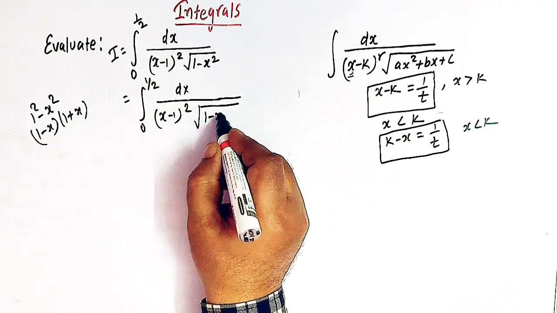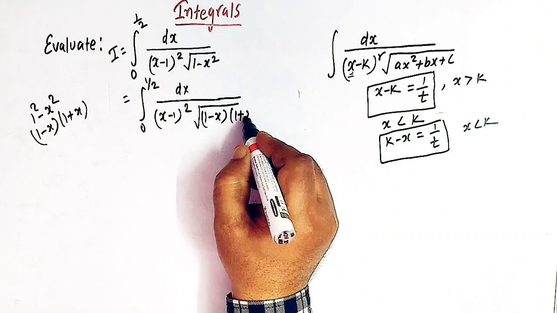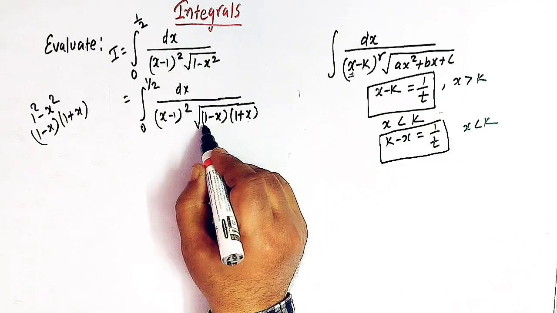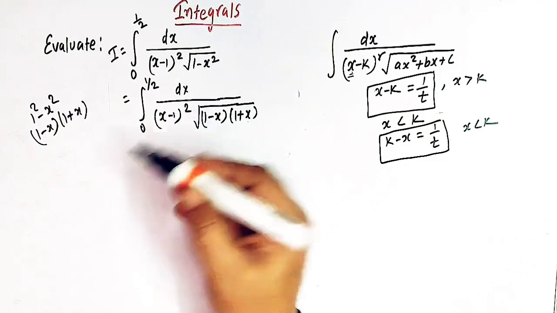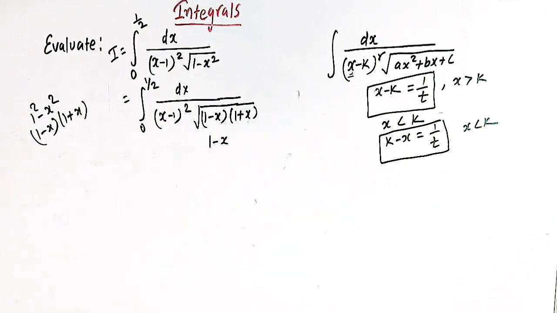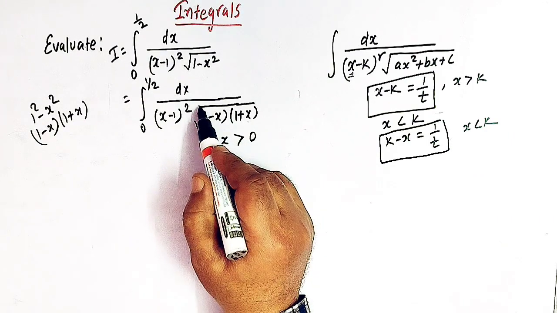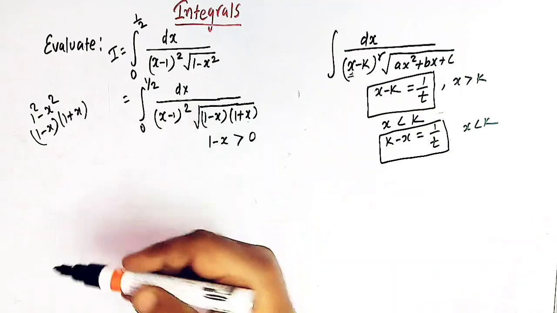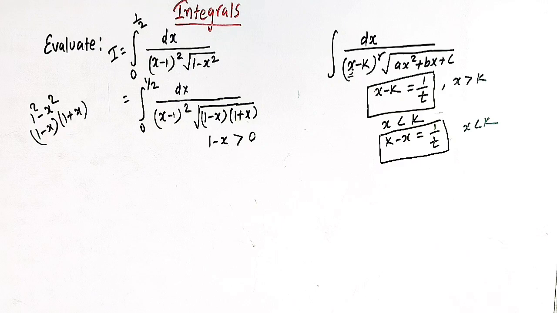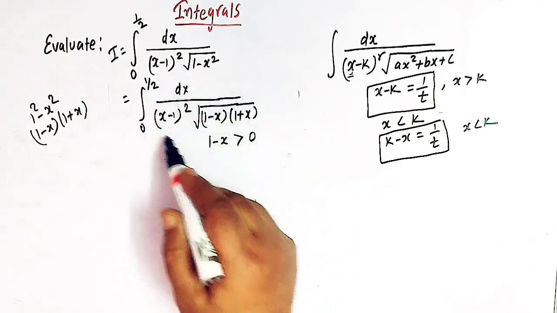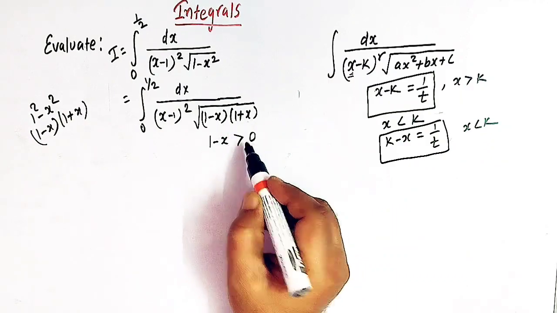For this term to be valid, we must have 1 minus x greater than 0, because we cannot have a negative sign inside the radical in the set of real numbers. So for the validity of the integrand, 1 minus x should be greater than 0.